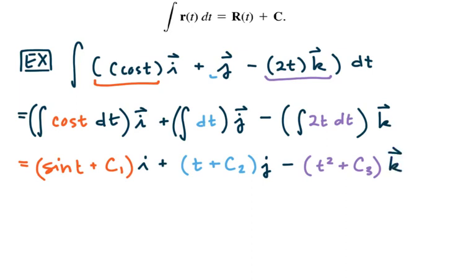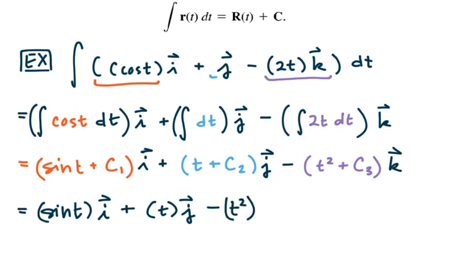Simplifying this just a little bit, we have sine of t i, oops, I left some of my vector notation off, plus t times the vector j, and then minus t squared times the vector k. And then we're left with plus c sub 1 plus c sub 2 plus c sub 3.